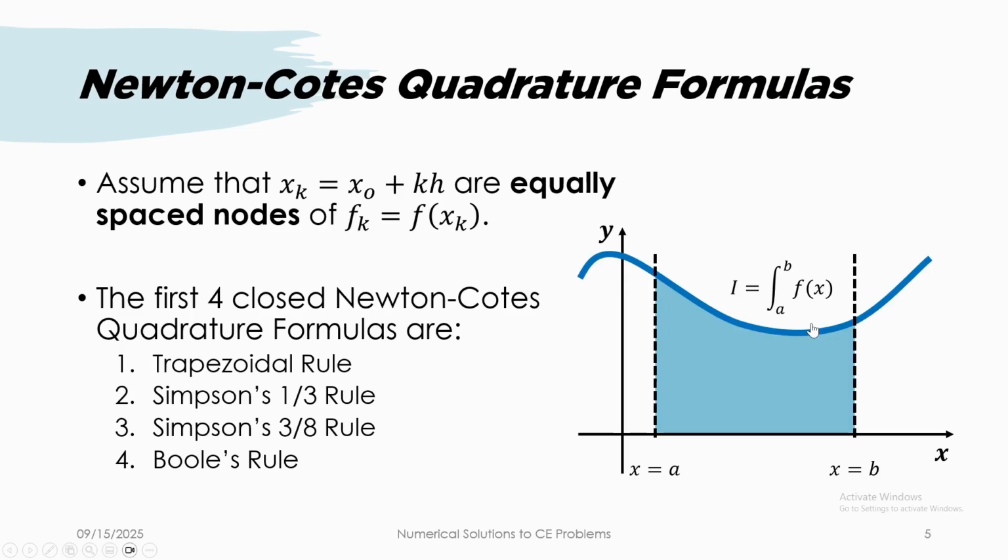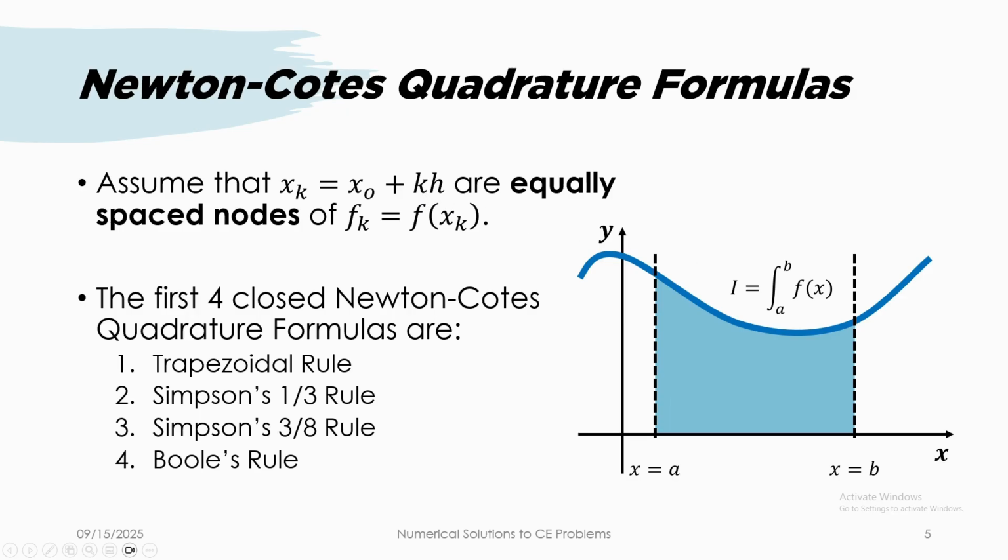Now, let's formalize this approximation using Newton-Cotes formulas. The nodes are assumed to be equally spaced with h, no, and k are the number of nodes present. Depending on how many nodes we use, we get different rules.